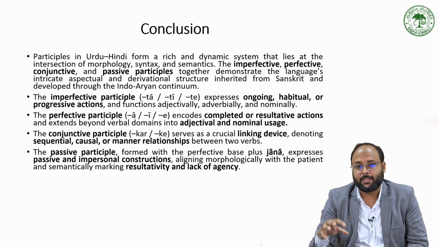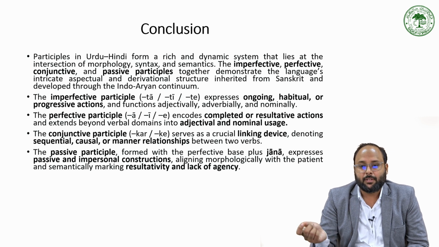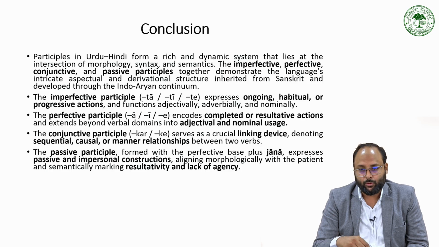In terms of adjectival or nominal usage, there is the conjunctive participle, which is formed by adding kar or ke to the base verb. It links two events or two actions done by the same subject. The two sequential events are linked by the conjunctive participle, like वो खाना खाकर स्कूल गया.